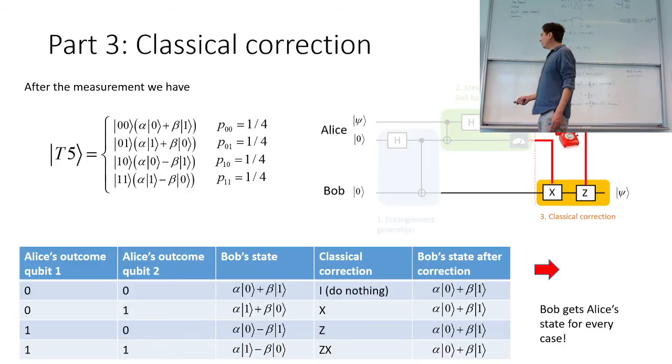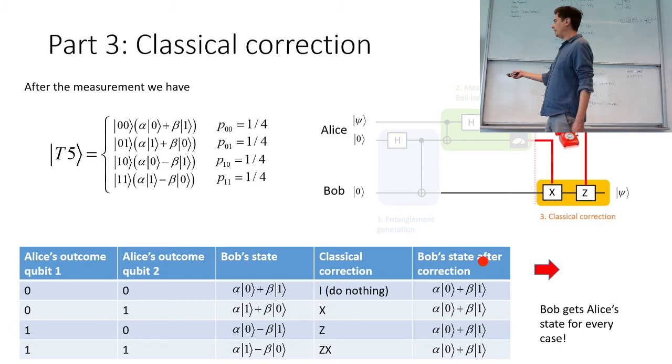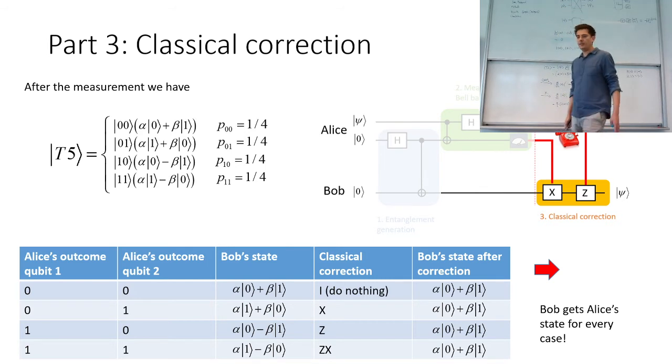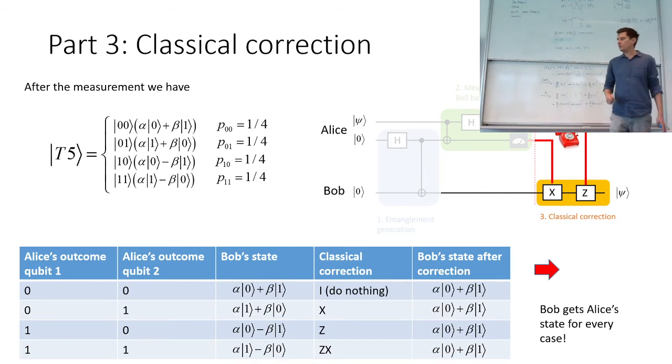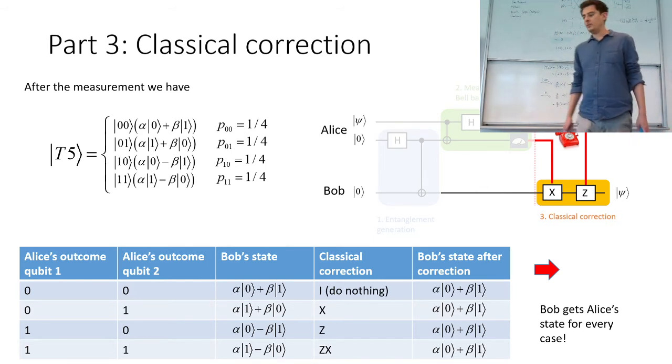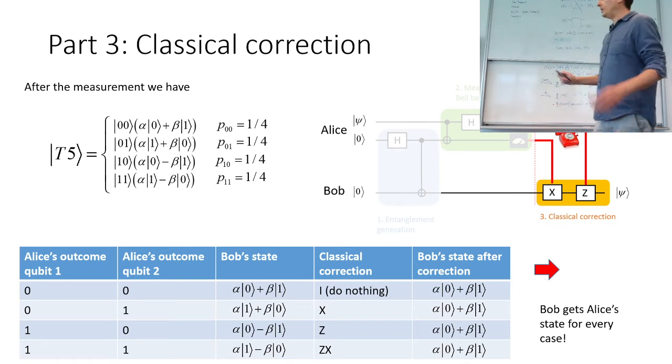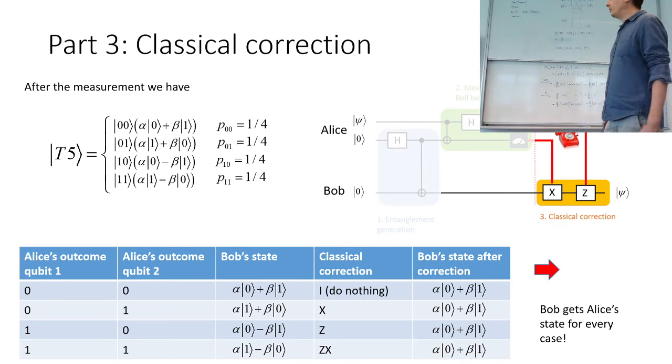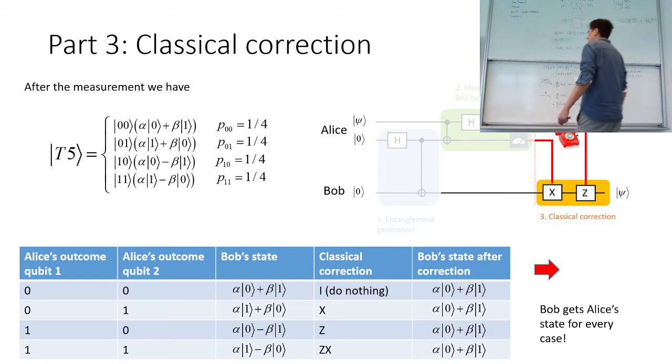So in all four cases you get exactly the right state, and as long as nobody makes a mistake somewhere or your gates don't have errors, in principle this works with basically 100% fidelity, which means that Bob will get the correct state that Alice had basically every single time.